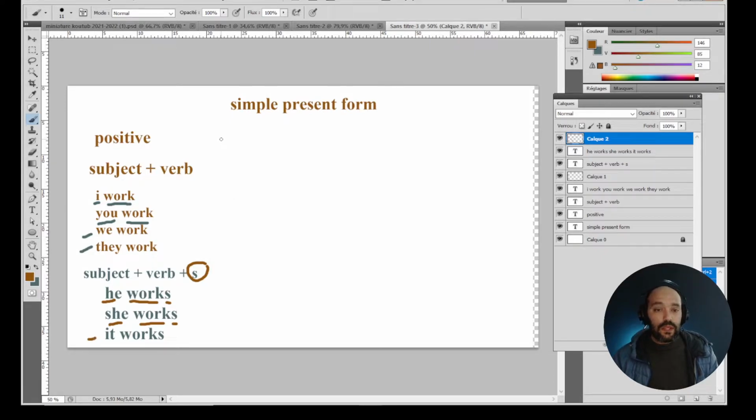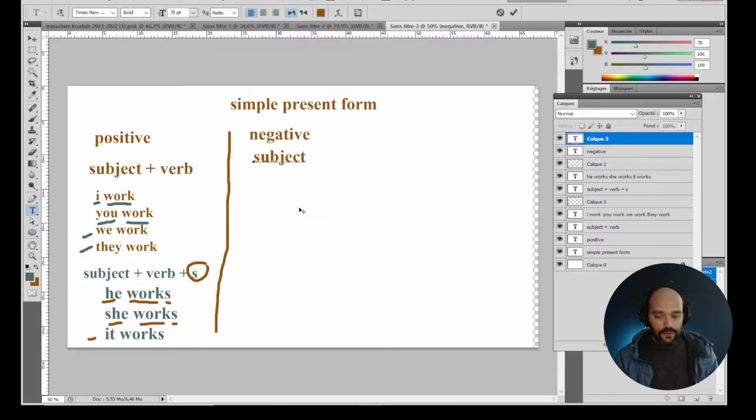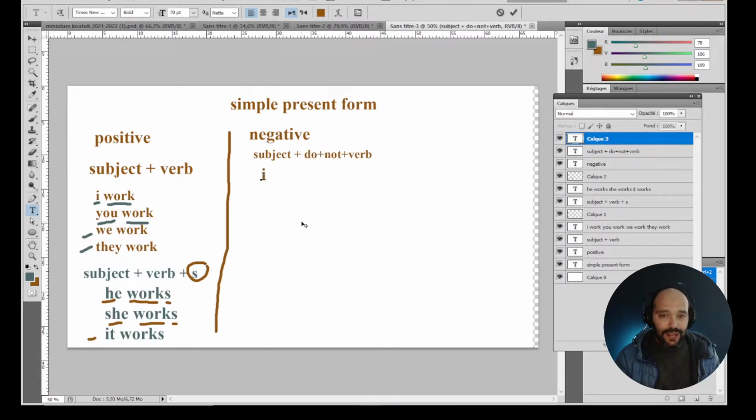Okay, let's move to negative form. We form like this: subject plus do plus not plus verb. Let's take some examples. I do not work.